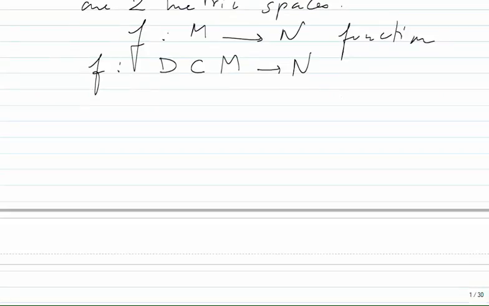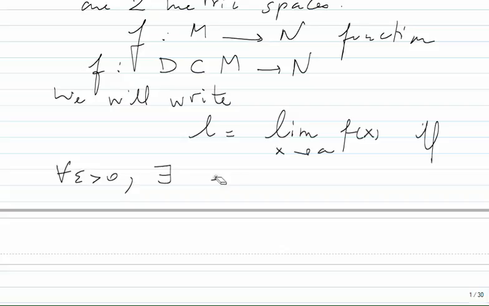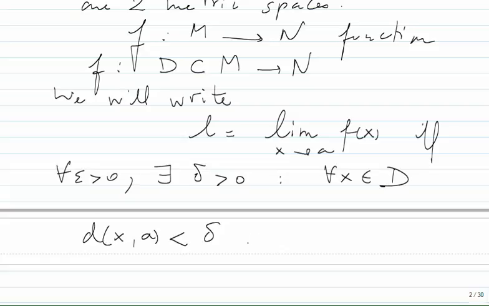We write L equals the limit of f of x when x goes to a, if and only if for every epsilon positive there exists delta positive, such that for every x in D, the distance from x to a less than delta implies that rho, the distance from f of x to L, is less than epsilon.